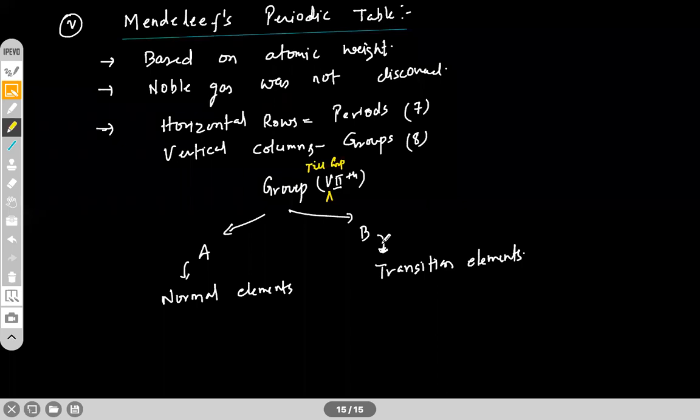That's why in the periodic table you must have seen 1A, 2A, 3B, 4B, 5B, like that, 12B, then 3A, 4A, 5A, like that. Yes?